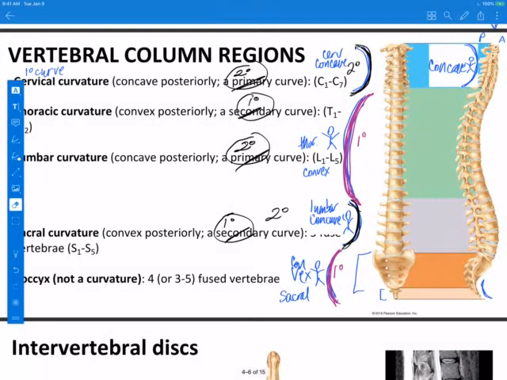I'm going to put my little circle on it. This would be the intervertebral foramen. The intervertebral foramen only exists if you stack one vertebra on top of another, and the spinal nerves exit from this point. Actually, every intervertebral foramen on the right and left sides has a spinal nerve.